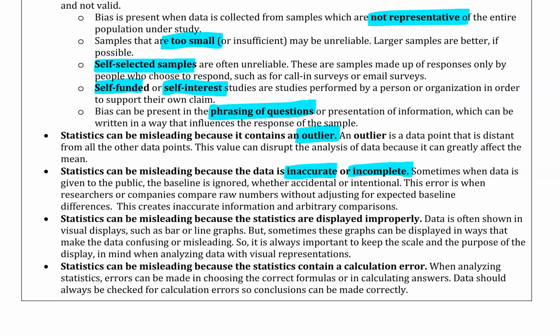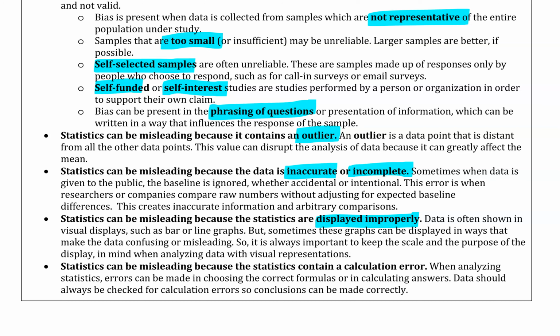Another way statistics can be misleading is because statistics are displayed improperly. Oftentimes in graphics, we can skew the way things look by not showing the whole picture, by skewing the X and Y axes, things like that. Showing the whole scale is important because it shows the whole picture instead of skewing what you want it to look like.